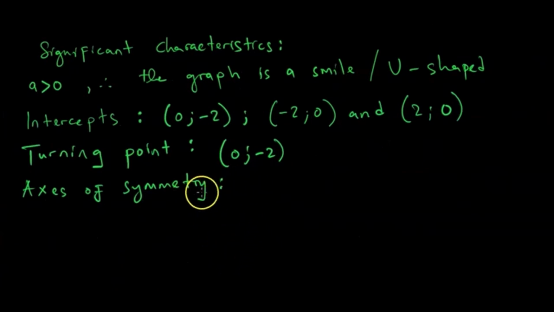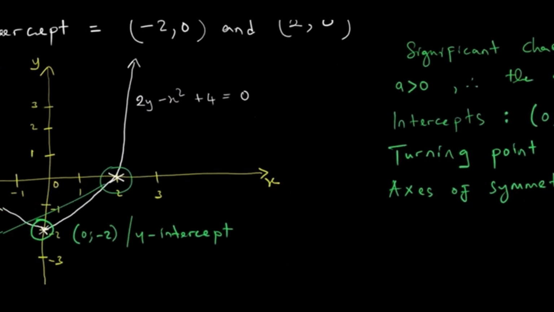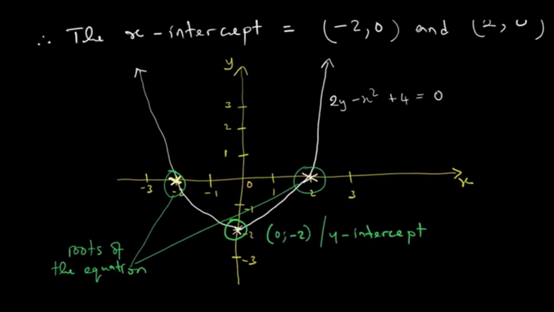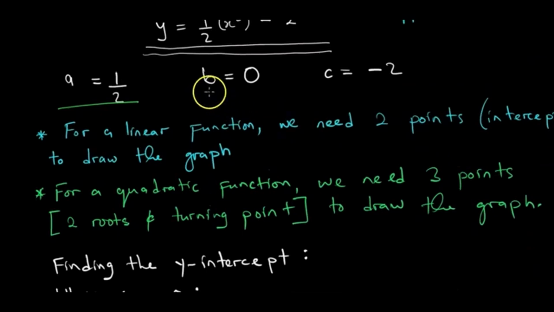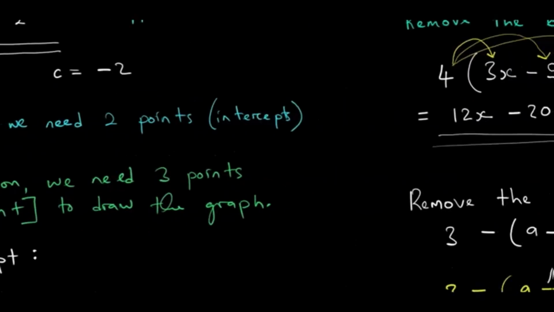But mathematically speaking, the axis of symmetry, x is equal to minus b over 2a. What does this mean? What is the value of b? We come back here. We see that the value of b is 0 and the value of a is 1/2.